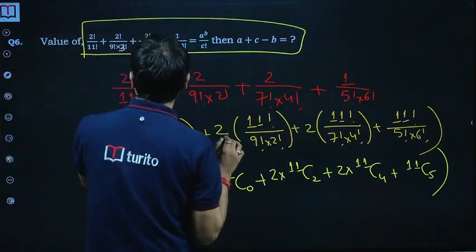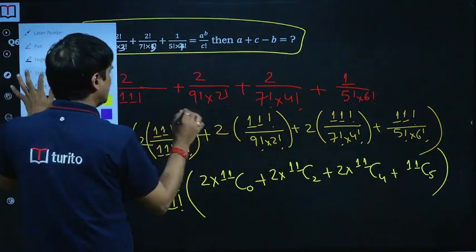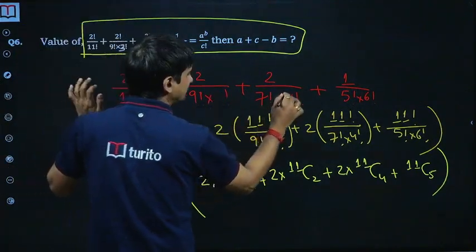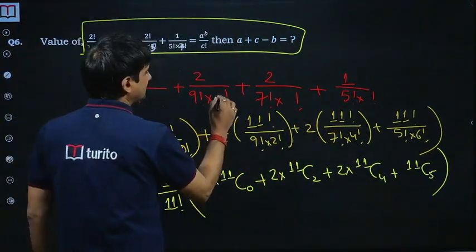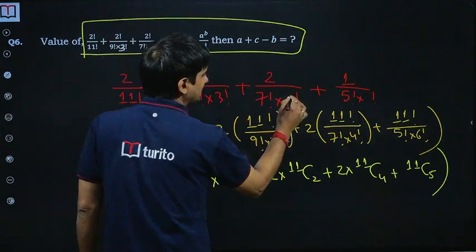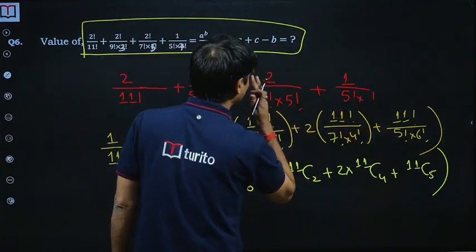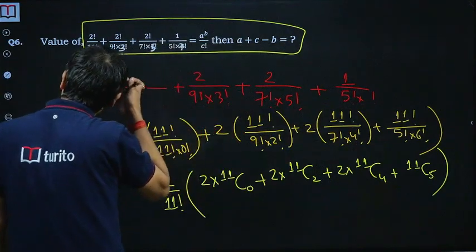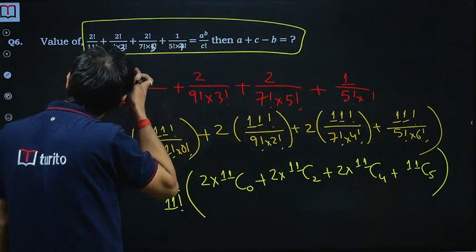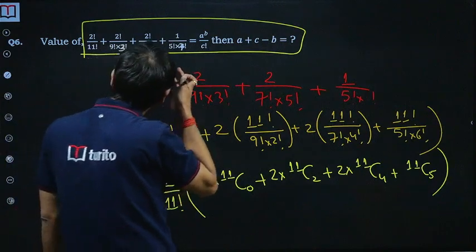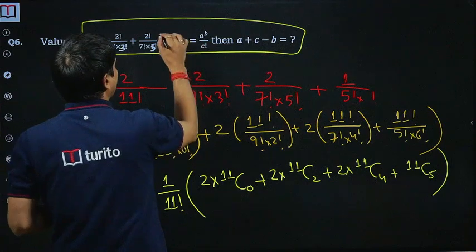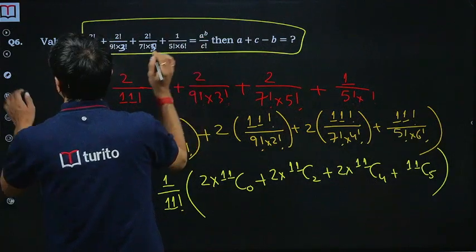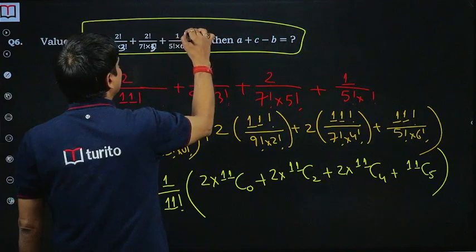So 11 factorial, 0 factorial is also 1, and then it will be 2, right. So we will get this as 3 factorial, then 5 factorial, and then 7 into 5. Okay, then we don't actually need this one. That's one more correction. So this series will end here itself.